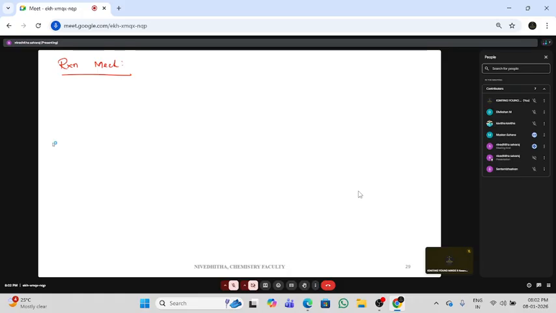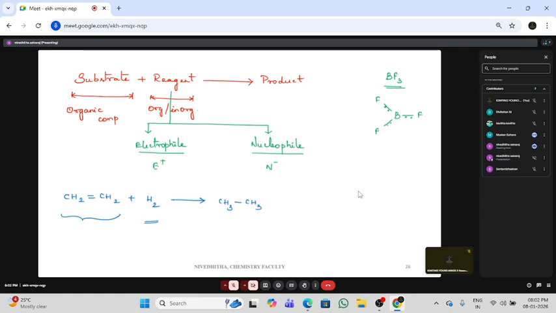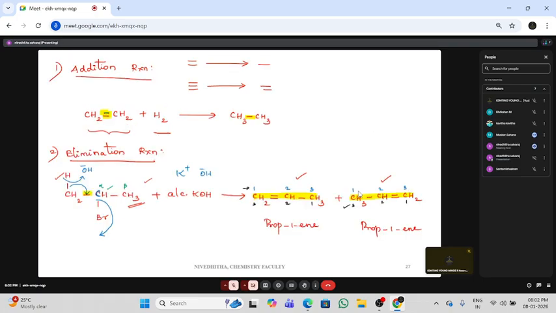Okay, and as I've told you already, as far as elimination reaction is concerned, I have two products, but both the products are same. But in usual organic reactions, we may get two different products.